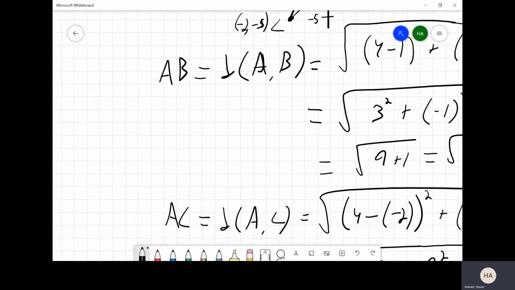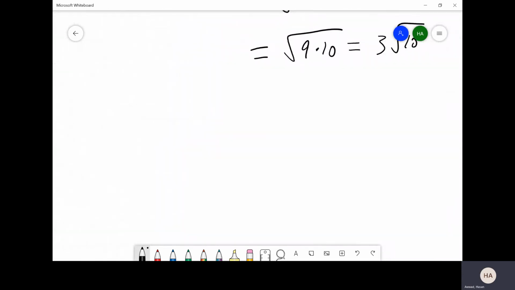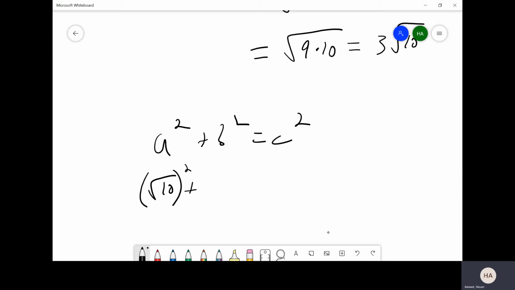So what we have to do is go to our Pythagorean theorem and say, okay, a squared plus b squared is equal to c squared. Remember, it doesn't matter which leg you choose to be a and which leg you choose to be b. So I'm just going to say this is the square root of 10, squared, plus 3 square root of 10, squared. And again, c is our longest side, so 10 squared.